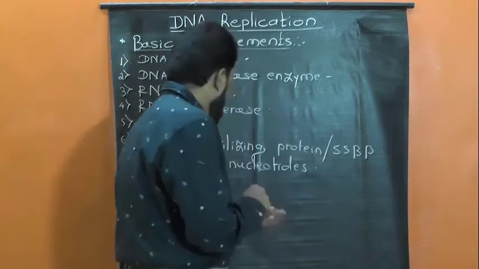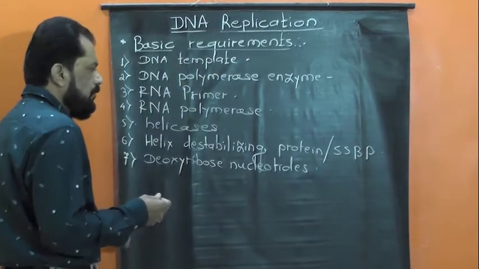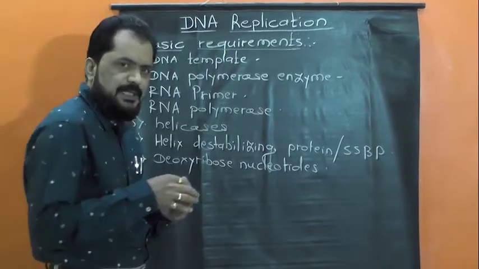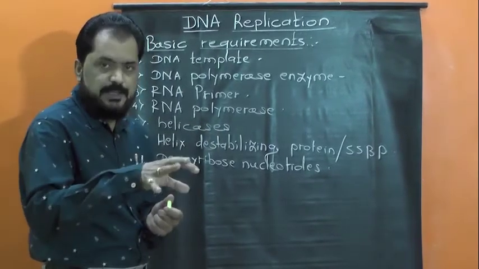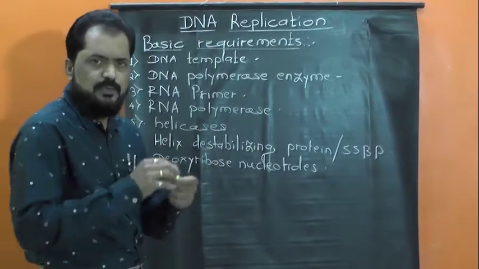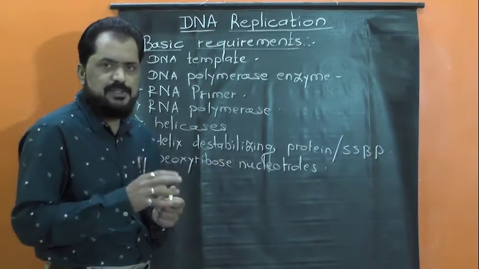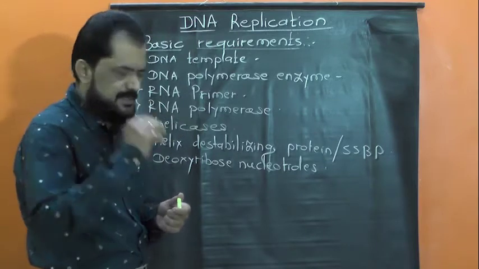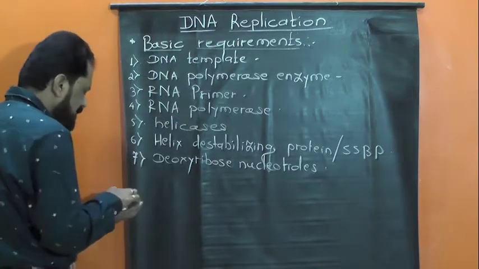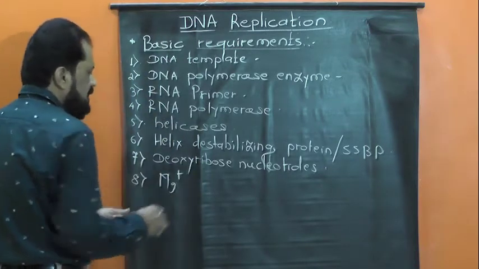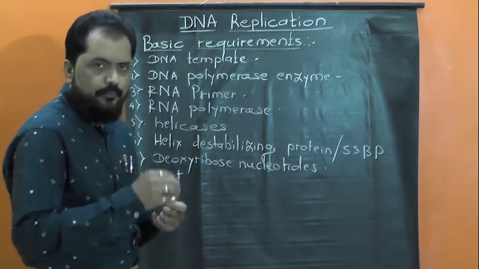And these deoxyribonucleotides are present in the nucleoplasm, freely floating, so they are necessary for the synthesis of new DNA strands. The magnesium factor is also necessary as a cofactor.